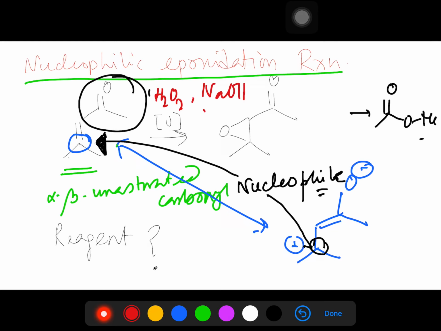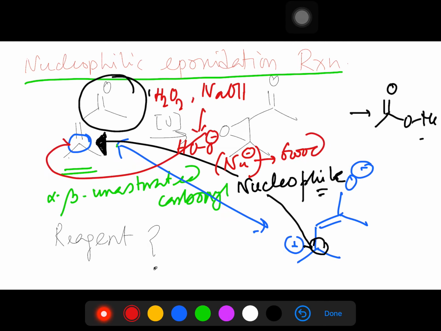Why? Because it results in the production of the hydroperoxide anion, and this is a good nucleophile, so it attacks here, and in this way the reaction proceeds. I have made a dedicated lecture, please visit that for a detailed understanding. So this is the overall understanding of this process.